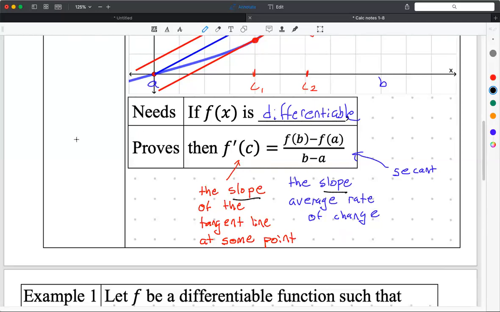So if there's one word that you know that MVT proves, it proves slopes. If you ever see anything with an f prime in it or anything that's talking about slopes or rates of change, you might be thinking in the back of your head, that sounds like MVT. If I need to prove something, I'm going to be using a theorem, and there's only one theorem in AP Calculus that we're going to be using with slopes, and it's MVT.